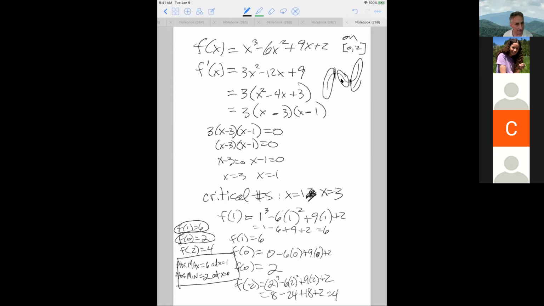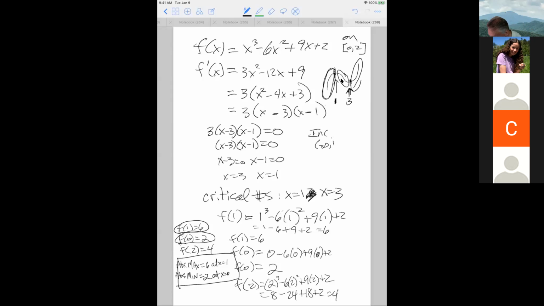And notice we took the derivative and found the critical numbers to be 1 and 3. On the number line, this must be 1 and this must be 3. It's where the slope is equal to 0. So the function is increasing on negative infinity to 1.